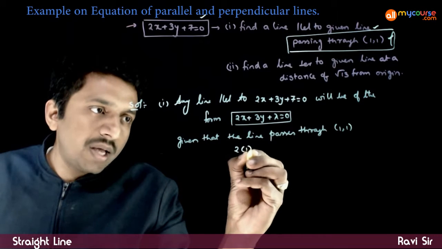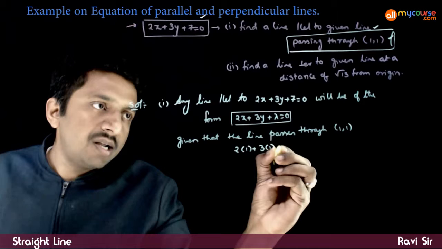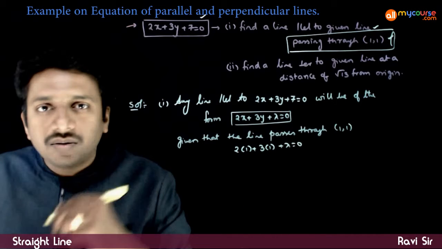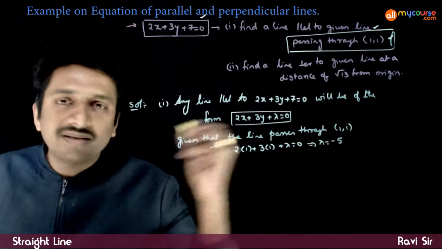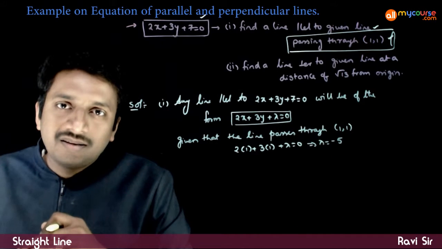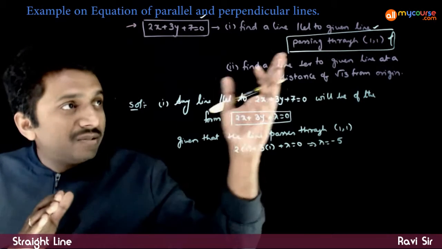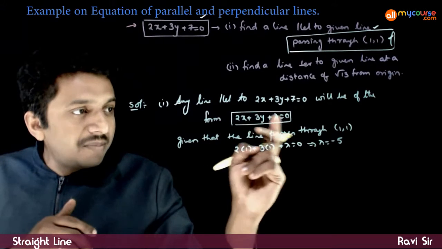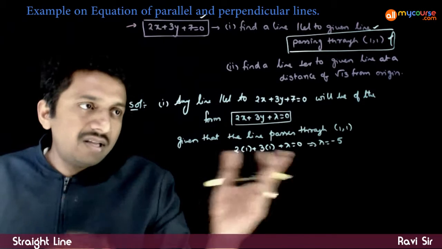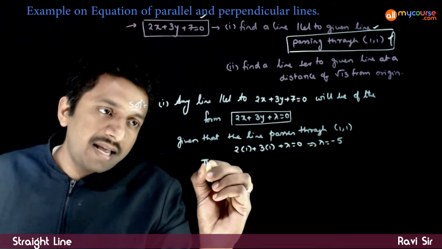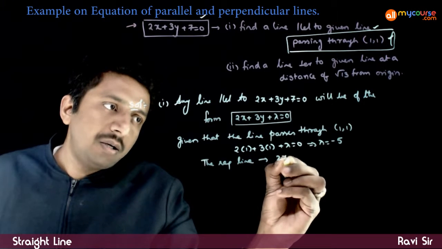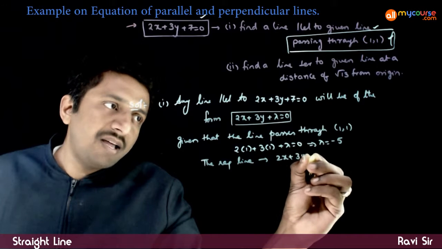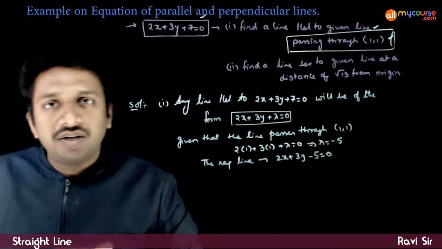So 2 times 1 plus 3 times 1 plus lambda is equal to 0. This implies lambda is equal to minus 5. So for the line to satisfy the given condition, lambda has to be equal to minus 5. Hence, the required line is 2x plus 3y minus 5 is equal to 0.